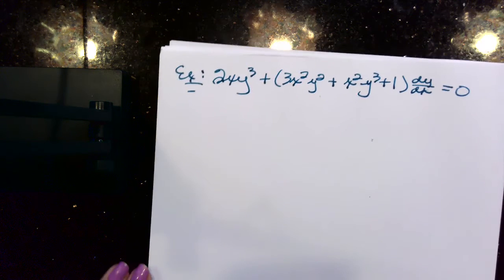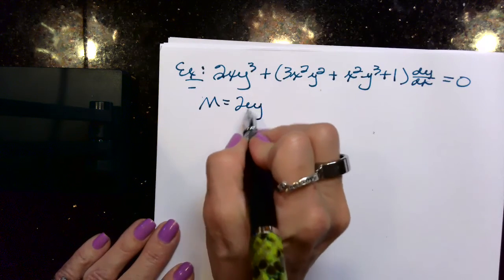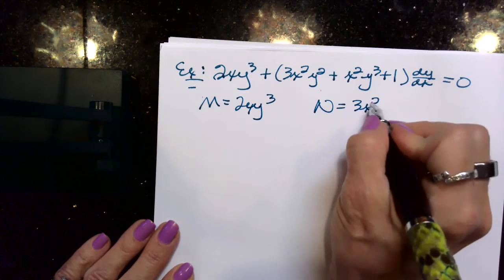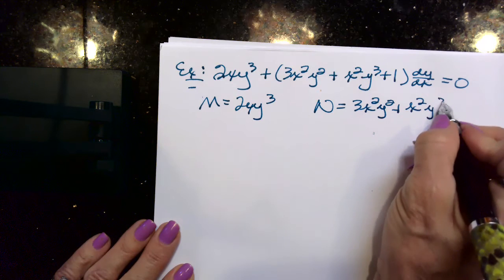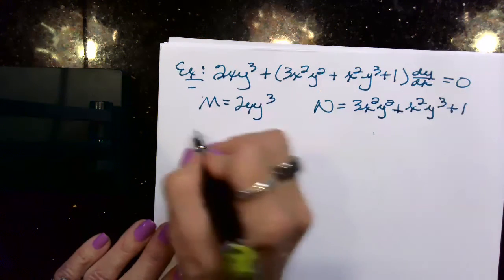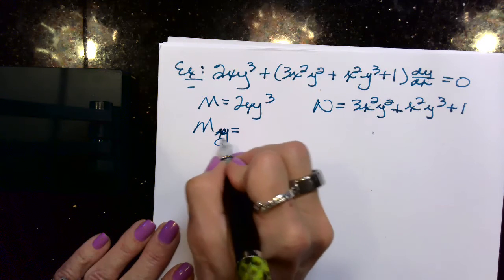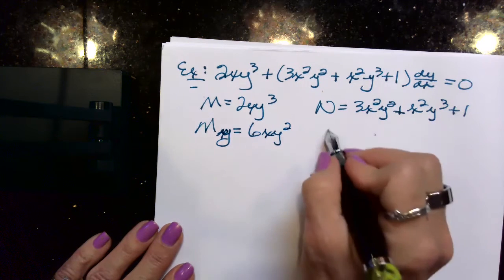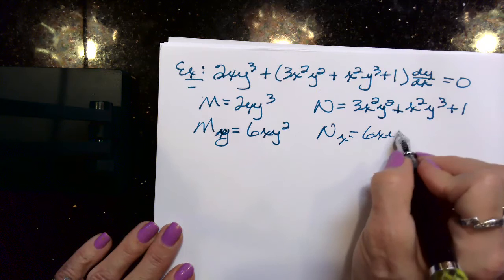Okay. So M here is 2xy cubed. N is this long thing. So m sub y is 6xy squared. N sub x is 6xy squared.